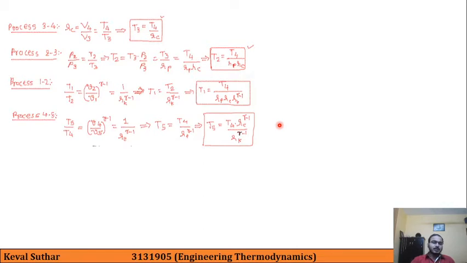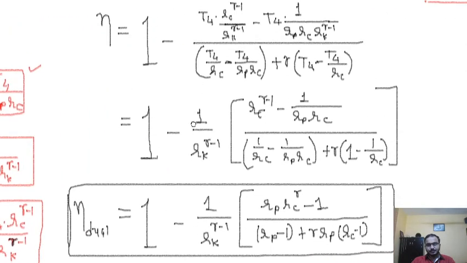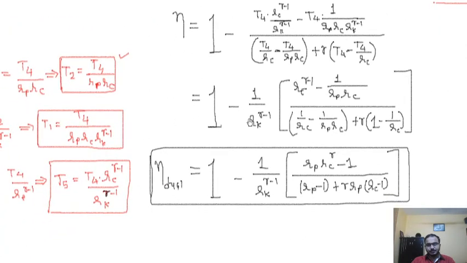While deriving, in all four processes we have taken the temperatures in the form of T4 only, with different ratios together. So finally we get the dual efficiency in this way. This is the final formula for dual efficiency.